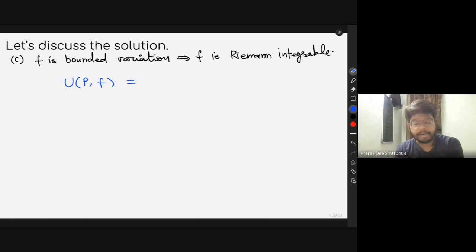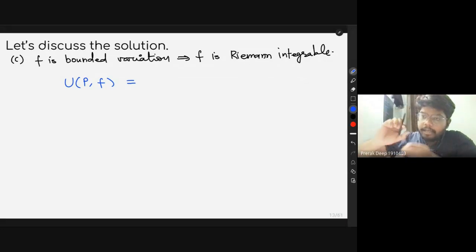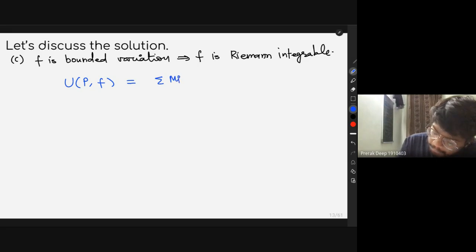You approximate your function from above, you define the upper integral and the lower integral, and you look at the limit of their difference as the radius of the partition tends to zero.